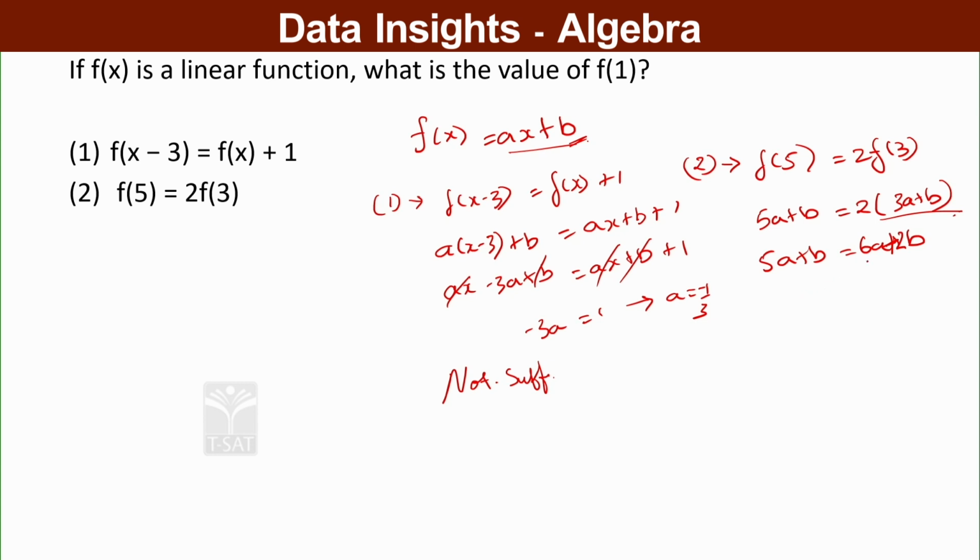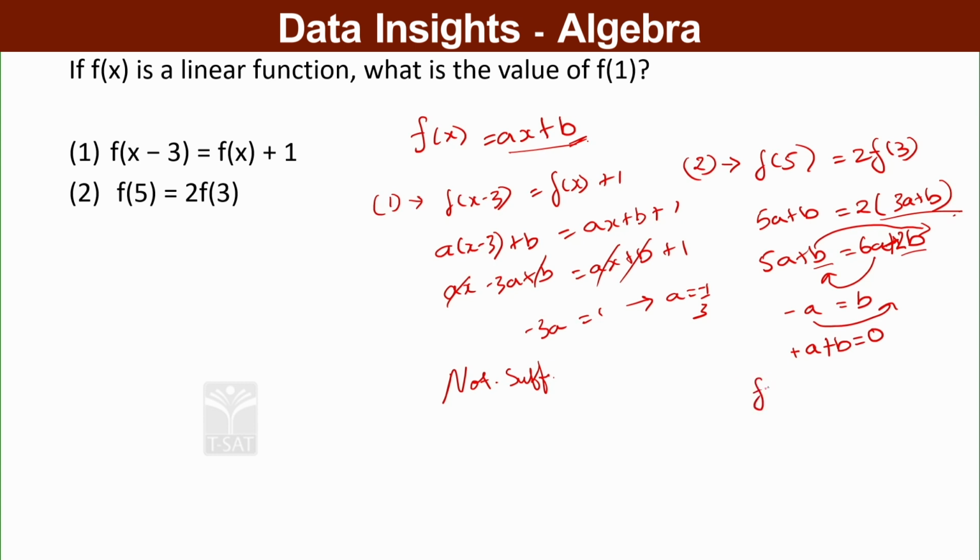Taking a to this side and b to that side, you will be left with 5a minus 6a, which is minus a, equals 2b minus b, which is b. So you have minus a equals b, or a plus b equals 0. Taking a to the other side will be wiser. So a plus b equals 0.